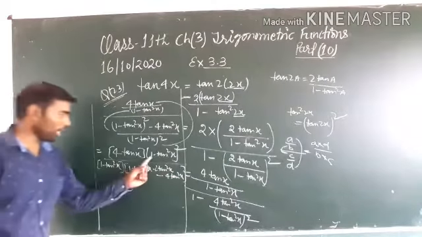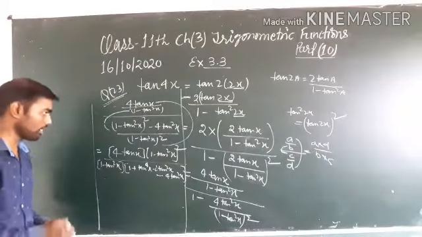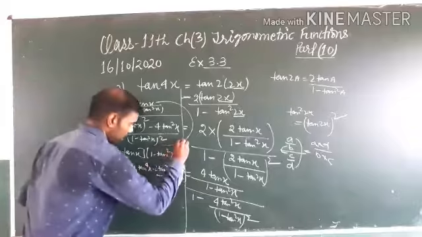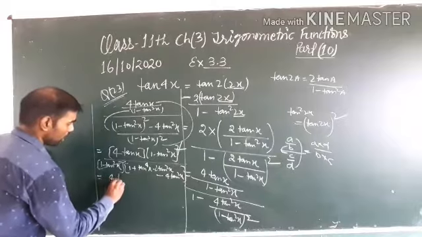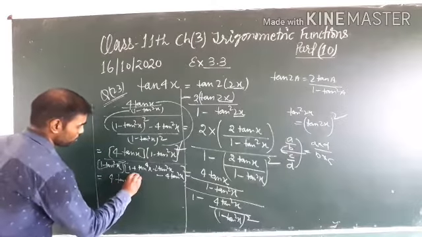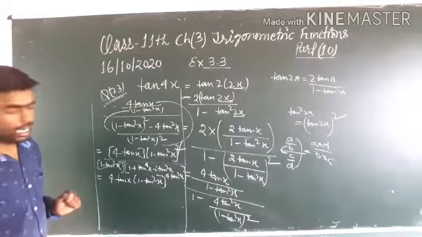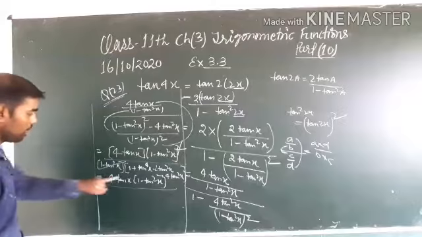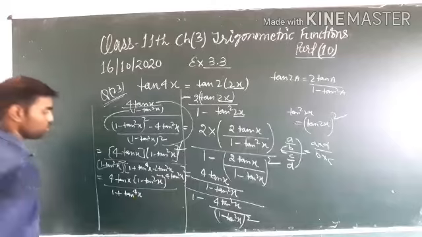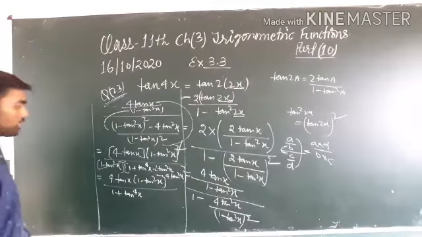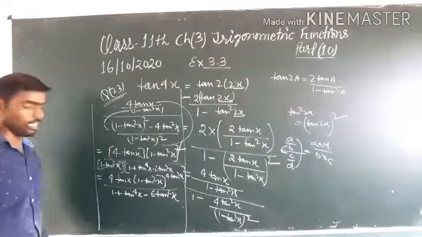So what we get? This is 1 minus tan square x to the whole square upon 1 minus tan square x. It means this whole part cancels, it is a square term. So in the numerator we get 4 tan x into 1 minus tan square x, and in the denominator part we get 1 plus tan to the power 4 x minus 6 tan square x.